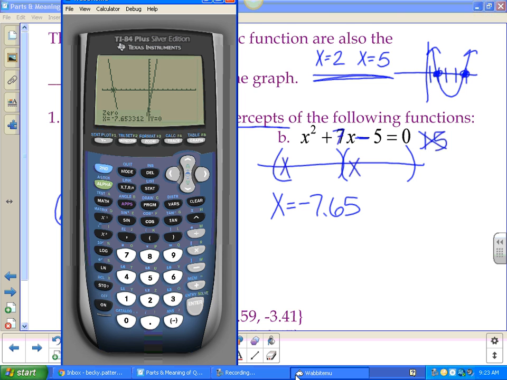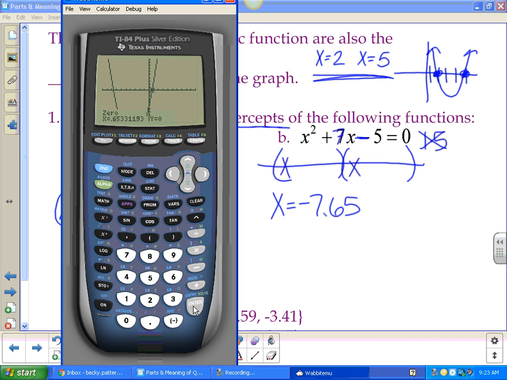So then I have to do the same thing. So second calc, down to zeros. I just have to slide over here to the other one. And it wants me to be to the left of it. So to the left of this one is going to be a little bit below it. And then to the right of it is going to be a little bit above it, and I don't want to guess.